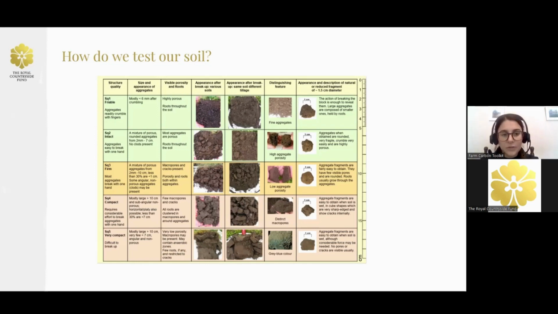And it goes from a score of 1, which would be determined as friable, or probably the highest structured soil, the best structured soil, down to a score of 5, which would be considered very compact and likely the poorest structured soil. Now, within that, the underlying texture of your land will make a difference.